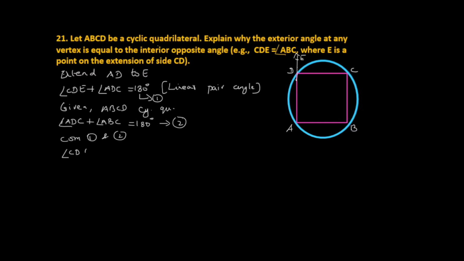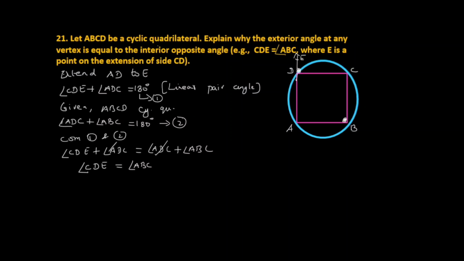So equating the left-hand sides, angle CDE plus angle ADC is equal to angle ADC plus angle ABC. Cancel ADC, so angle CDE is equal to angle ABC. That is, this angle CDE is equal to the opposite interior angle, this angle.